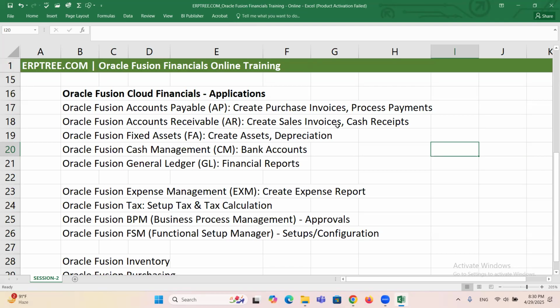For sales invoice, you do the accounting and cash receipts in case of accrual. In case of cash basis, you do only the cash receipts. We'll see in the classes how accruals will be generated, how those can be reversed, when those can be reversed. We will understand all those once we start recording the transactions.